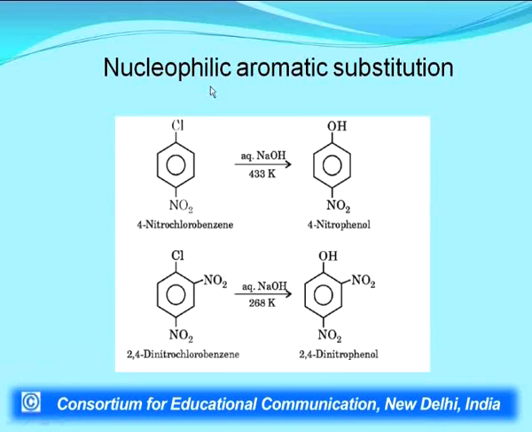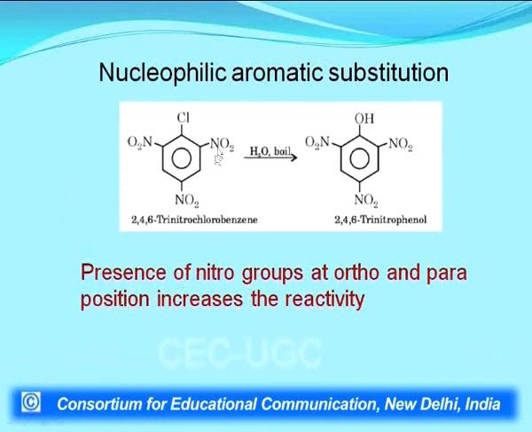So, what we find is that when we were doing the reaction with simple chlorobenzene, conditions were drastic. When we have one nitro group at the para position, then milder conditions. If two nitro groups are there, it requires further milder conditions. And suppose it has three nitro groups, as in the case of 2,4,6-trinitrochlorobenzene, it simply requires boiling with water and Cl can be displaced by OH.